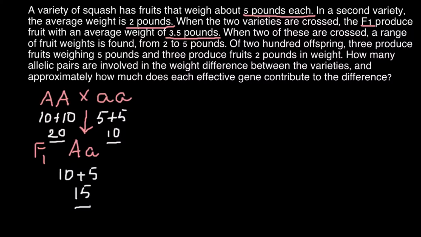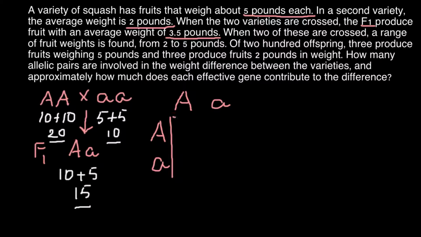So as you see, in the F1 generation all the progeny are going to be heterozygous. So what would happen if we crossed heterozygous progeny among themselves? We also call it self-pollination. So one parent would be heterozygous, capital A, small a, and we would cross it with the same genotype.